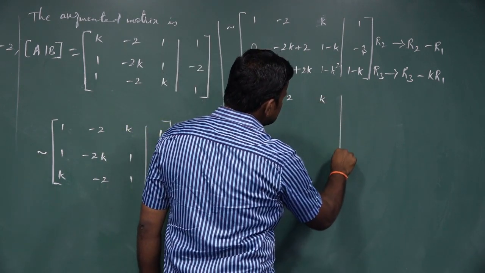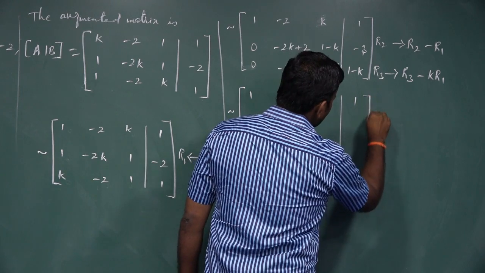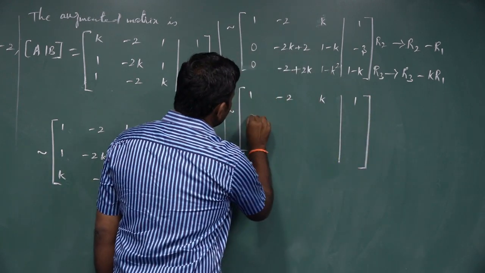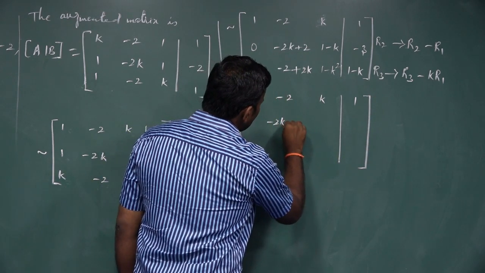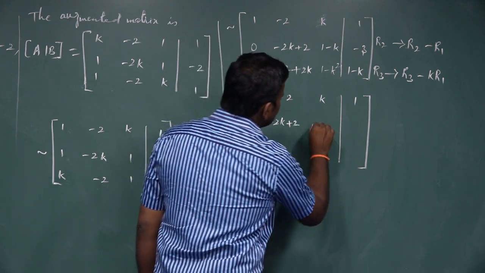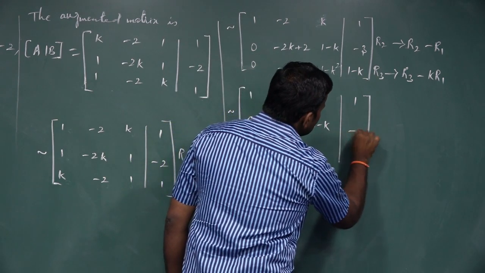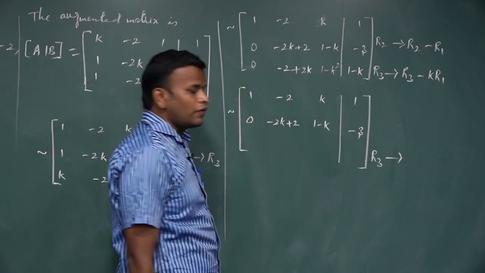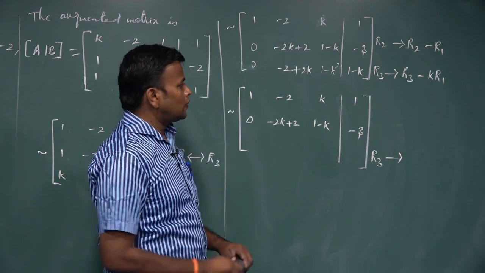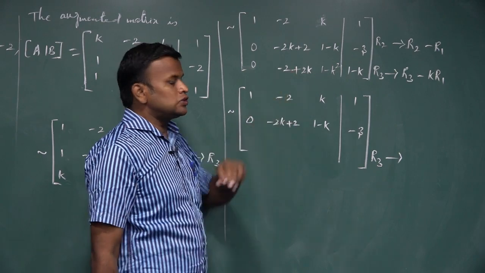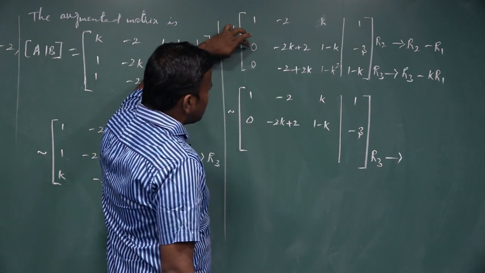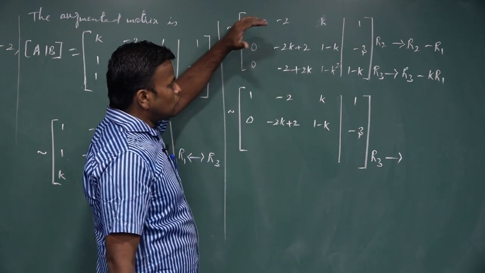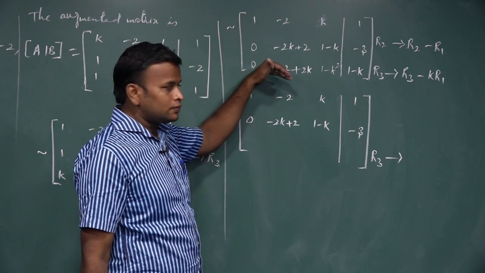I write them as they are. Second row: 0, minus 2k plus 2, 1 minus k, minus 3. You identify how to write R3. Our motive is to convert that element to 0. After we convert these two elements to 0, we consider only R2 and R3.